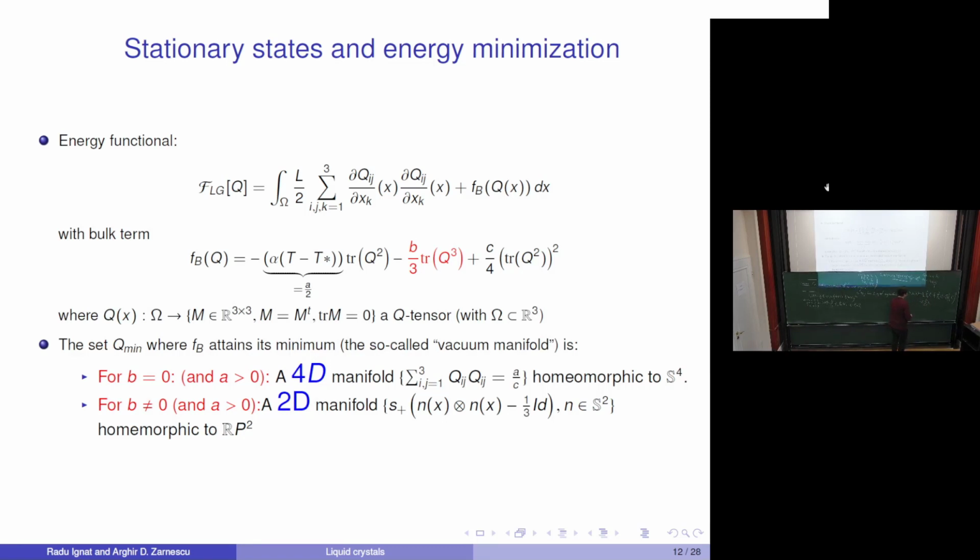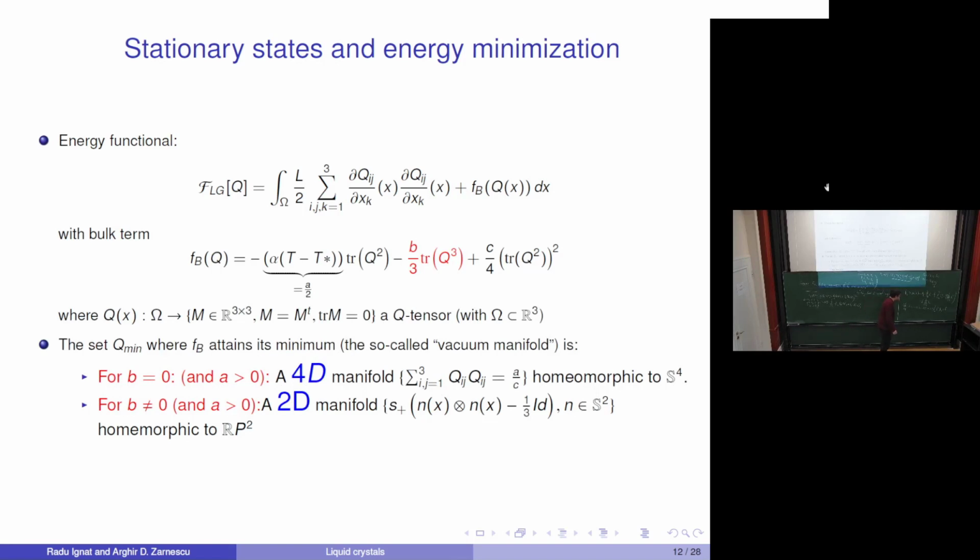And if I look at the critical points, I have dF over d lambda i equal to 0. This gives me something like this: a lambda i minus b lambda i squared plus c times the sum from i equal 1 up to 3 of lambda i squared, times lambda i, is equal to 0, for i from 1 up to 3.